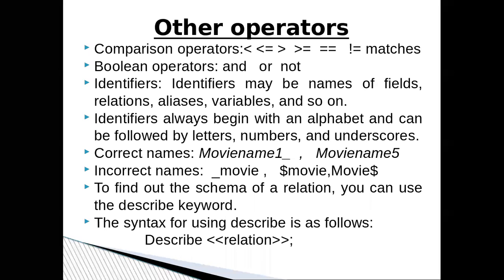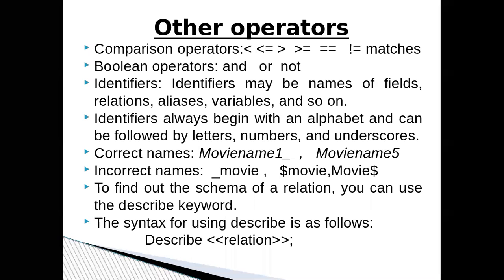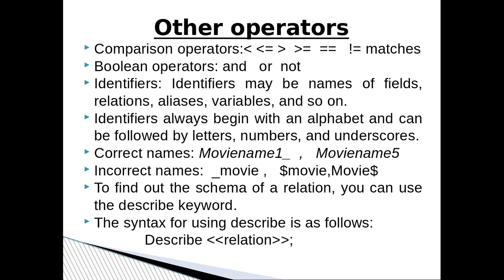Then pig uses a large number of identifiers. An identifier would be the name of any field that you use in your data set, or the relation that you use for processing, the variables, and so on. Identifiers always begin with an alphabet, and they can be followed by letters, numbers, and underscore, right?